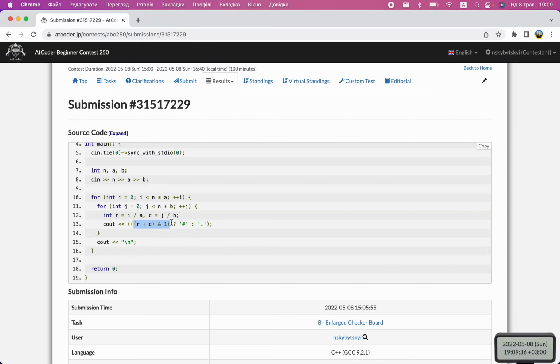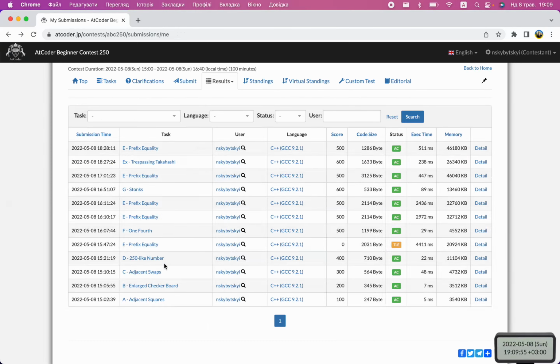And then a simple way to tell if a given cell is white or black is you take the sum of its coordinates and you check if it's even. If it's even, then the cell is white. If it's odd, then the cell is black. That's how to solve this problem.